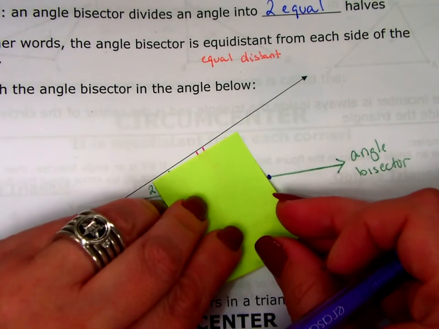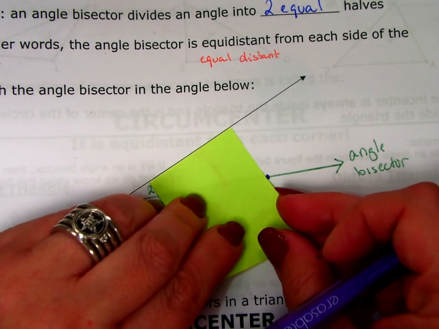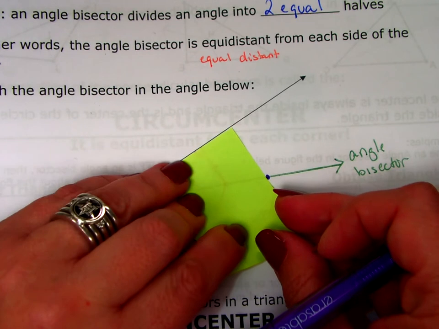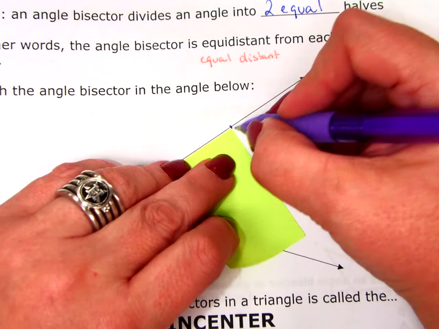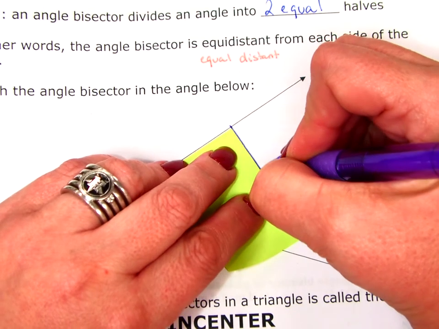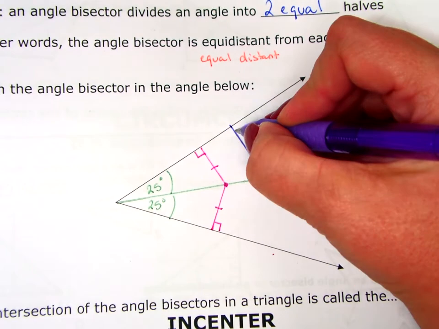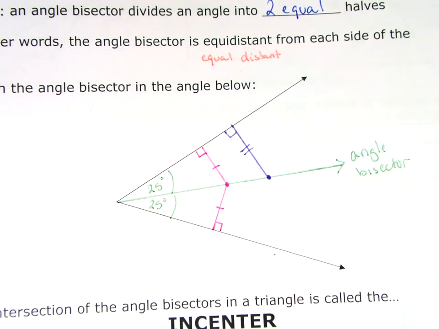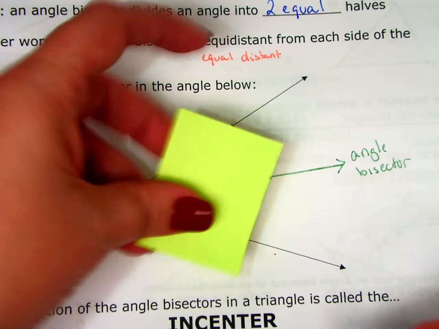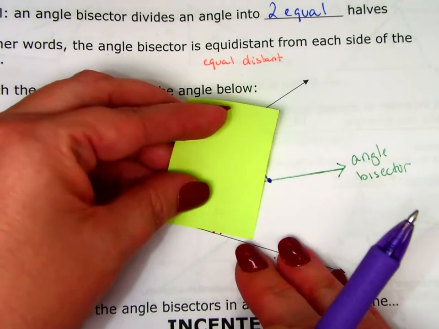And I were to do the same process, line it up, make a 90. This length is going to be the exact same length as if I do the same thing on this end.